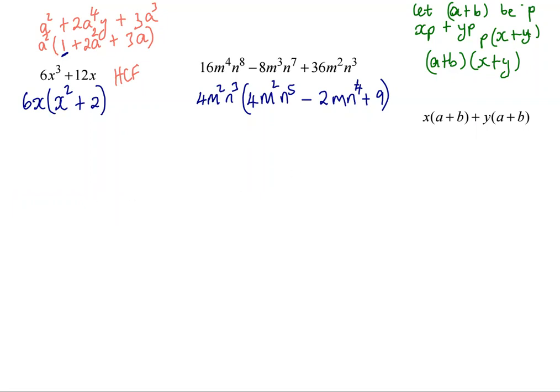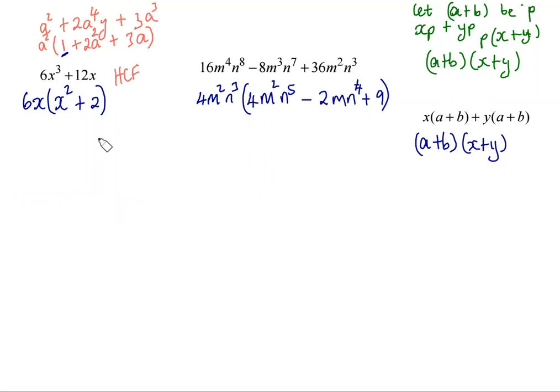In this case, what's common here is a plus b, a plus b. We take a plus b, then also say x plus y. That becomes our final answer. So I don't want you to think of it as something that is complicated. Just consider it as just a letter.